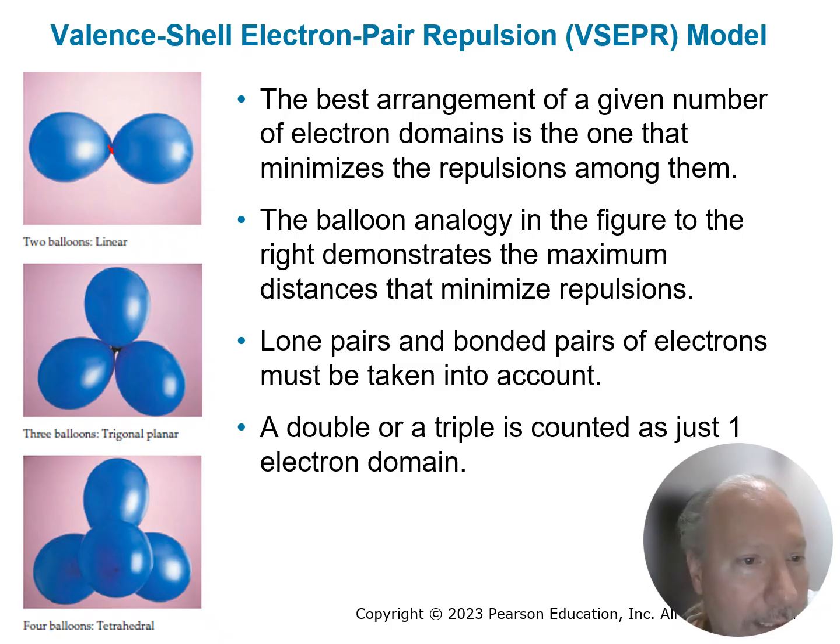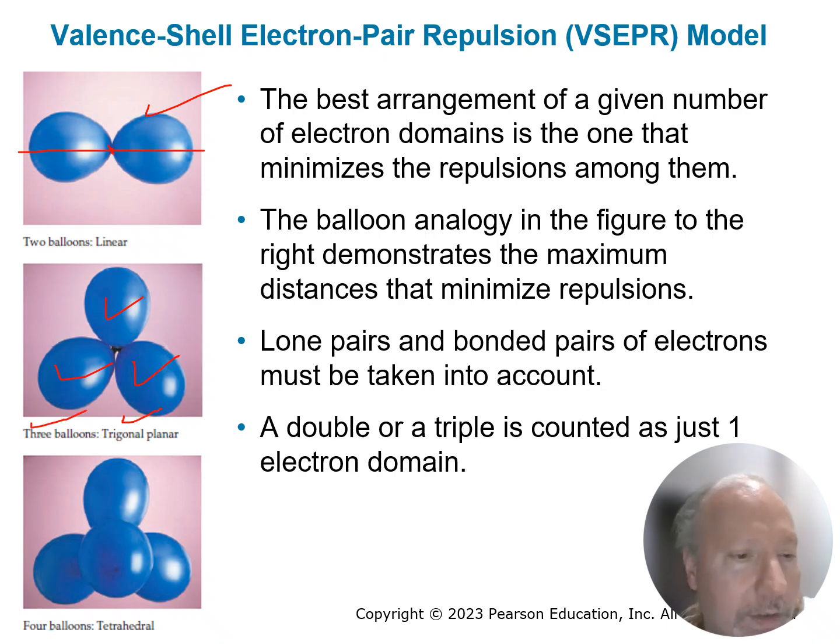This is always going to be the central atom. So this is like 180 degrees, so this is going to be linear, where we have 2 electron domains, and then we have the situation where we have 3 electron domains, and they're going to be spaced apart.